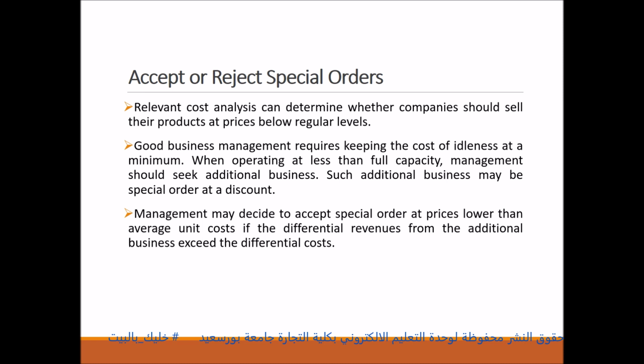Such additional business may be special orders at a discount. Management may decide to accept a special order at prices lower than regular levels or even lower than average unit cost if the differential revenues from the additional business exceeds the differential costs.